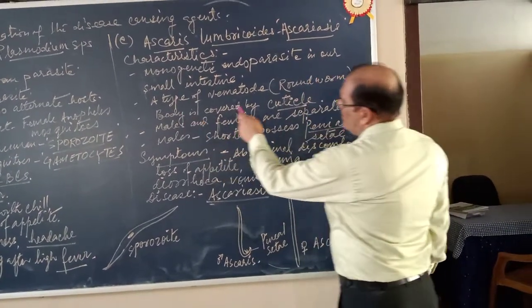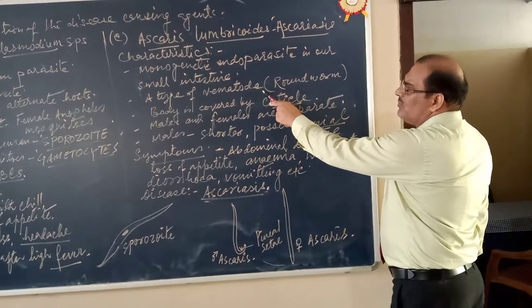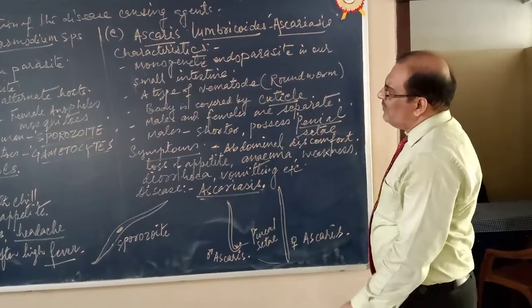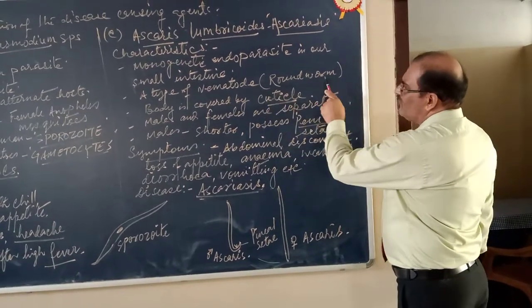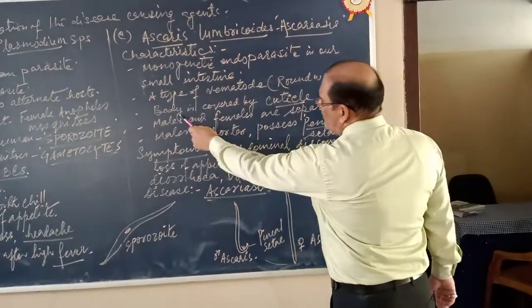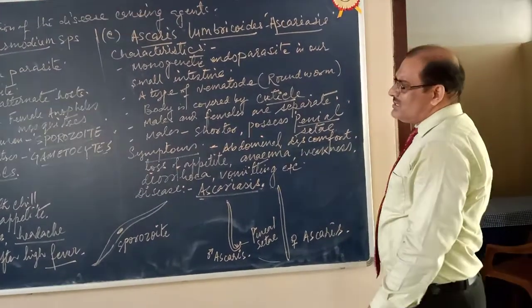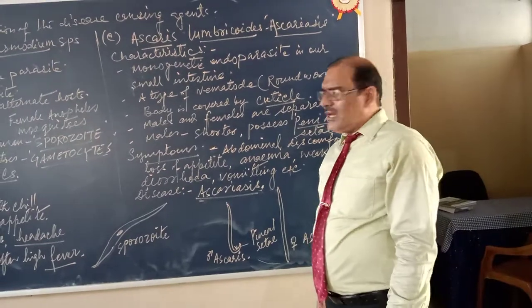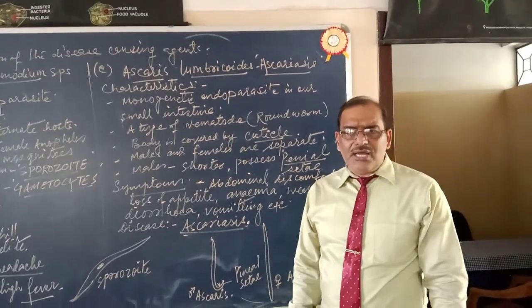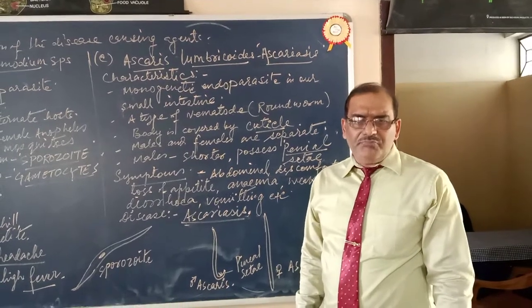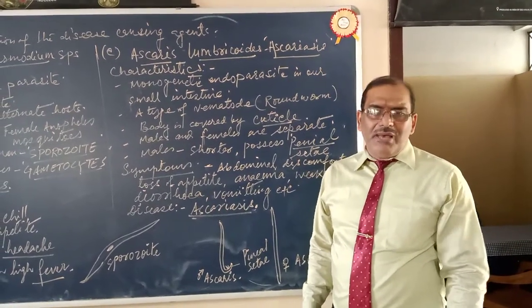It is a kind of nematode. It is multicellular. It belongs to phylum Nematoda, the roundworms. A very unique feature is that it lies inside the small intestine. In the stomach, acid is there, but in the small intestine, bile juice and pancreatic juice are released, which make the medium alkaline.